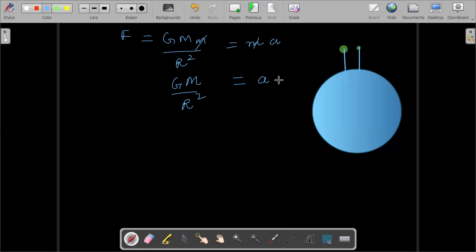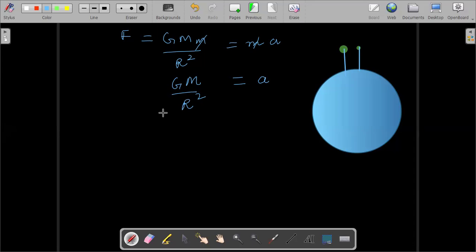See here, if you keep a heavy object, the acceleration that it will experience will be equal to GM over r squared. Here M is the mass of earth, r is the radius of earth, G is the universal gravitational constant. So which object will have more gravitational force?